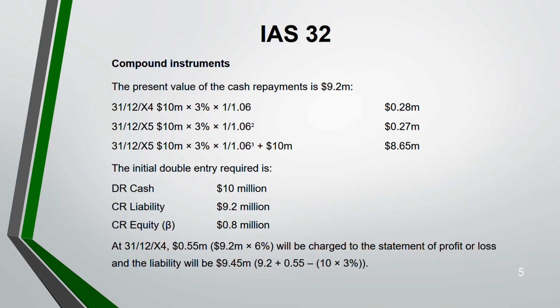Okay, and you have to add it to the liability, because with your capital amount this interest also will be charged, which is 9.2 plus 0.55 minus 10 into 3%. Why 10 into 3%? The interest of the next year you have to deduct. Okay, so your liability will be 9.45.